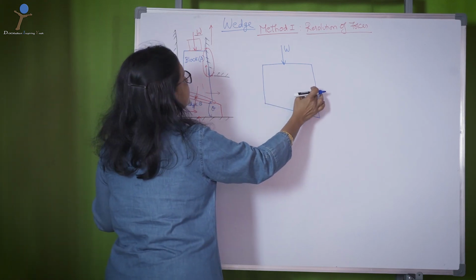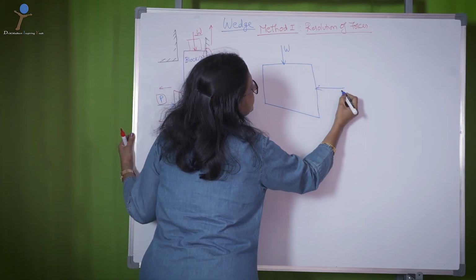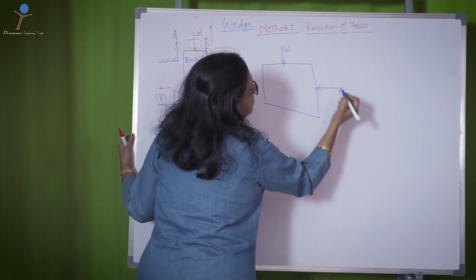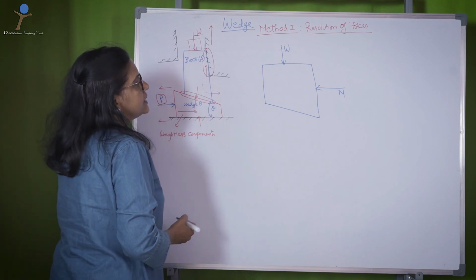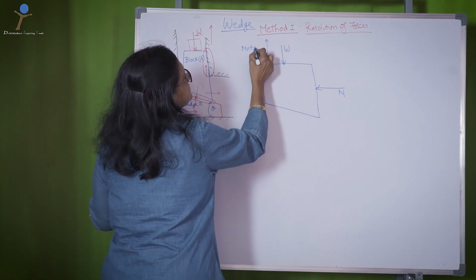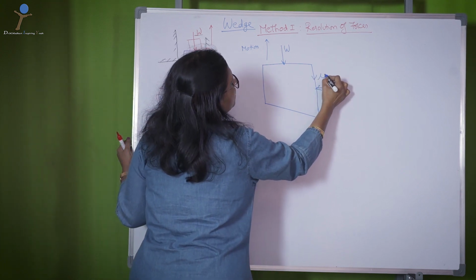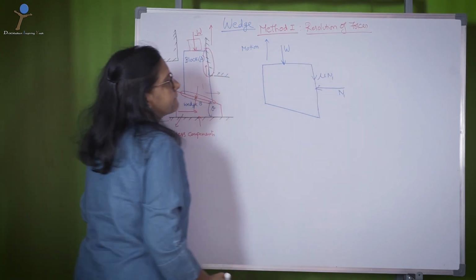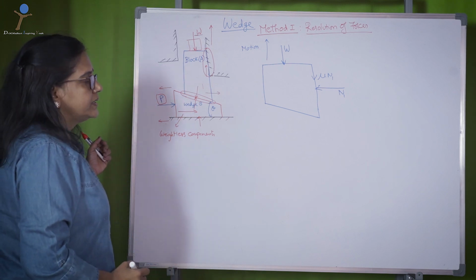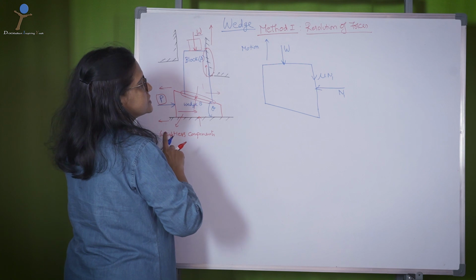This edge is in contact with the vertical surface, so let me call this normal N1. Since the motion is in upward direction, the frictional force here would be mu N1. Agreed?